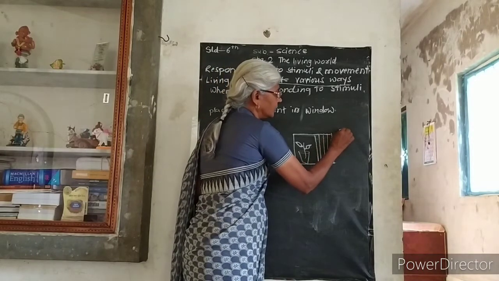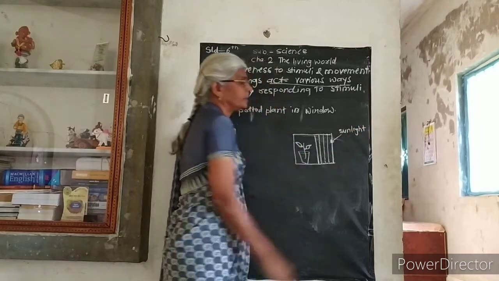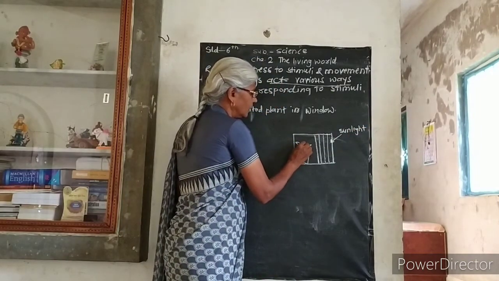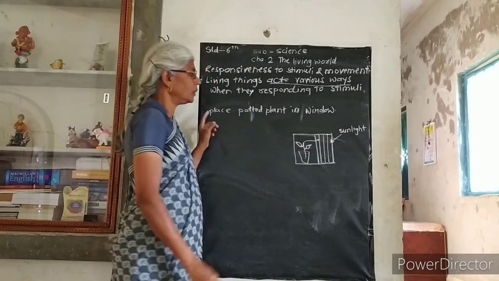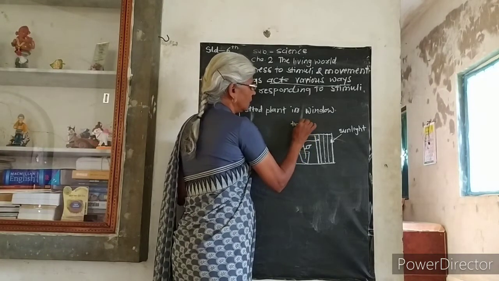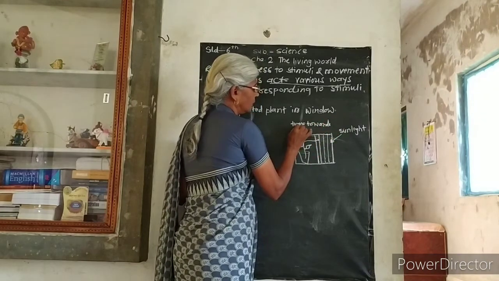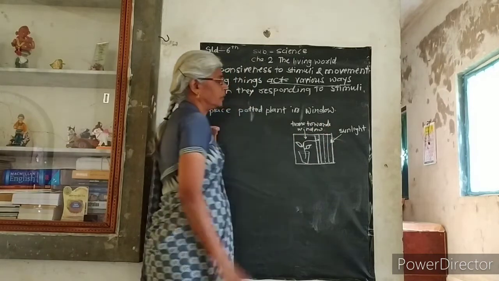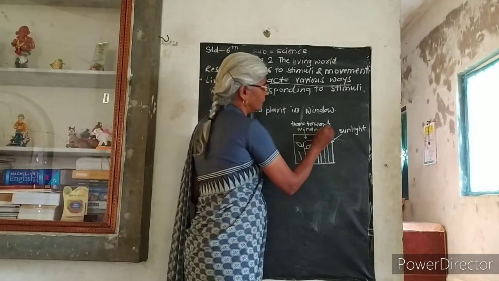The sunlight comes from the window, and you see that the tip of the stem of the plant turns towards the window, that is, towards the sunlight.